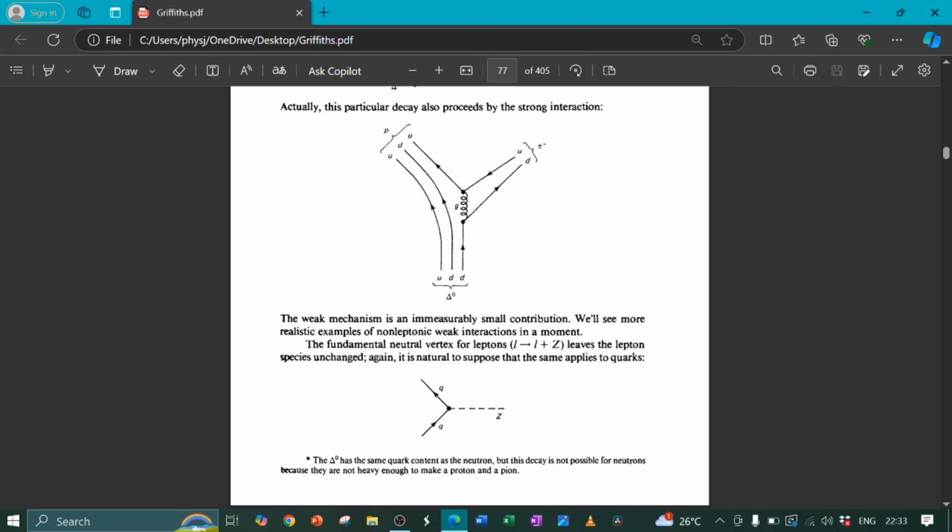The fundamental neutral vertex for leptons, lepton goes to lepton plus Z, leaves the lepton species unchanged. Again, it is natural to suppose that the same applies to the quarks.